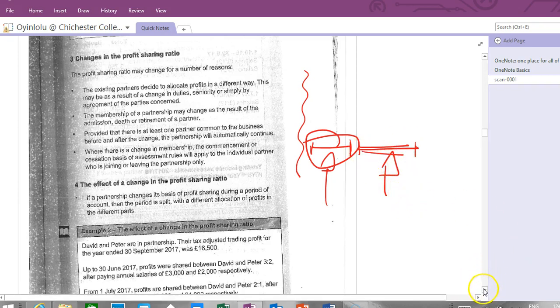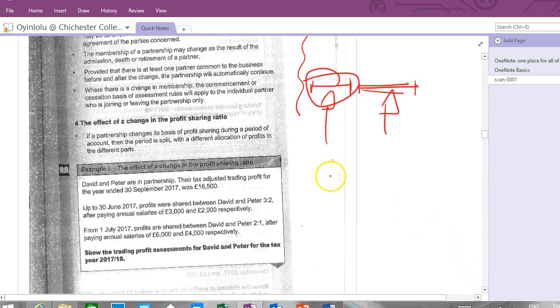So for example, let's look here. This isn't really even a tax question yet. This is still a partnership question. So it says that you have these characters, David and Peter, in a partnership. These are their profits for the whole year, 16,500. So that's really the 1st of October 16 to the 30th of September 17.